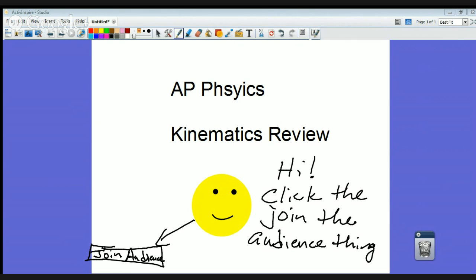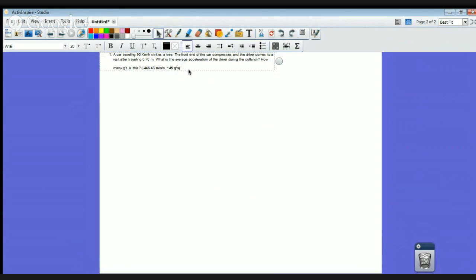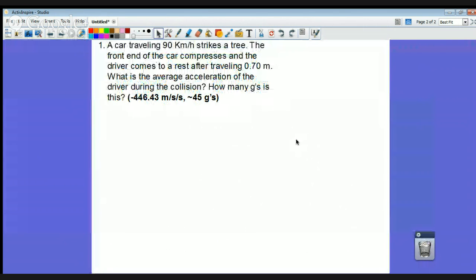Okay, so number 24 is this. How many kilometers per hour... The front end of the car and driver comes to rest after traveling 0.7 meters. What is the average acceleration of the driver during the collision?